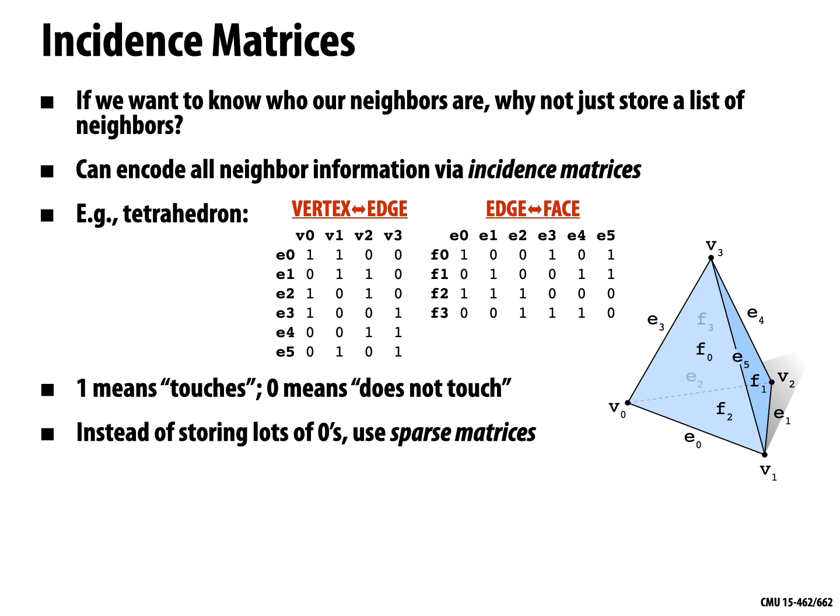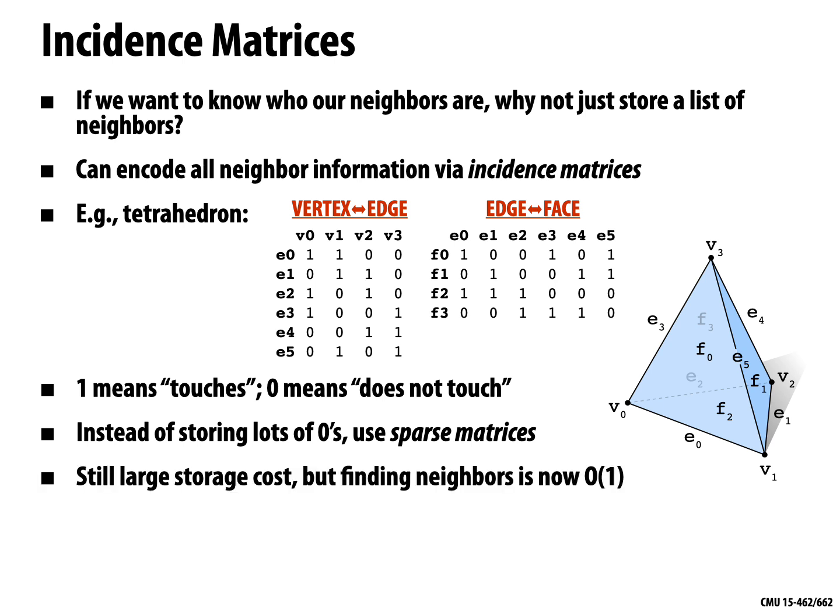Okay? So we're still going to have a larger storage cost than just using our ordinary vertex face adjacency matrices, but we've gained a really important feature, which is that we can now find neighbors of a given element in constant time. How do I do that?